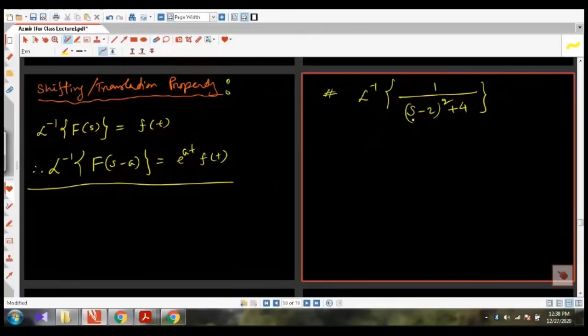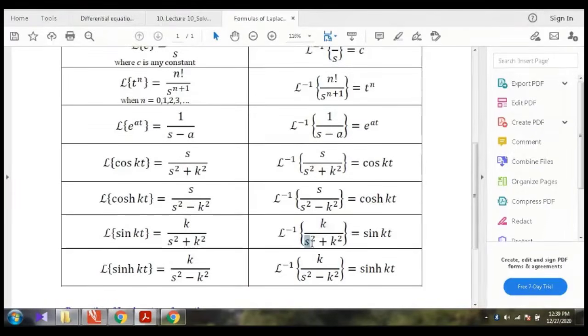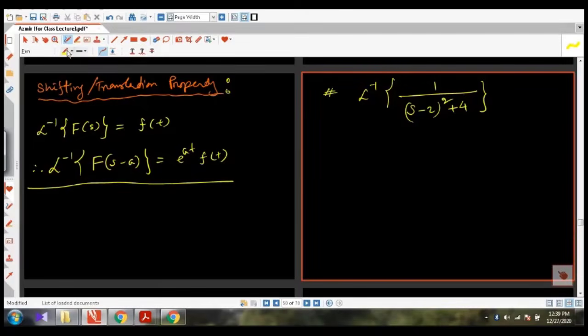It is likely to go with which one? Constant over s squared plus k squared will be sine kt. That means from our first observation, we know inverse Laplace of k over s squared plus k squared can be written as sine kt. So this formula can be applied, but we are not sure up to now.